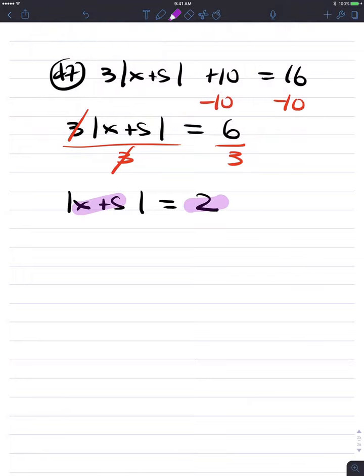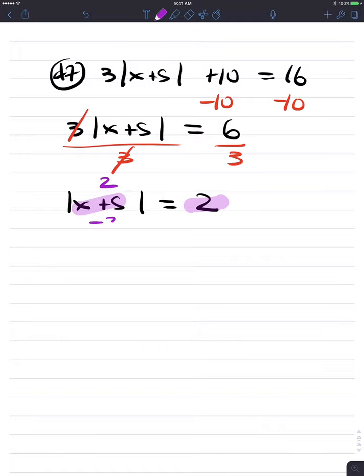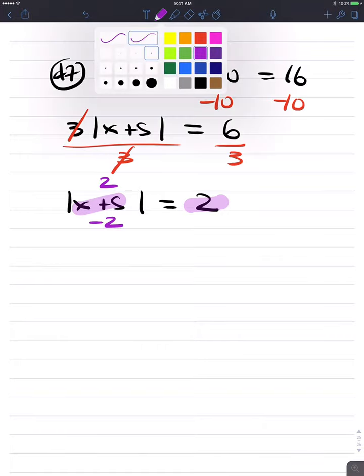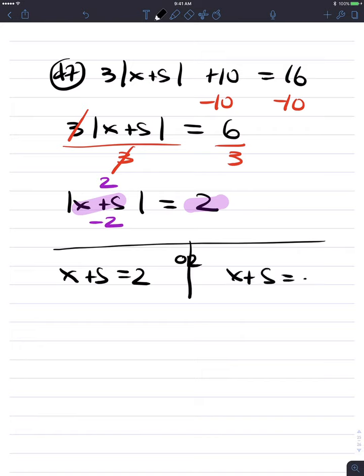x plus 5 in one case is positive 2, and x plus 5 in another case is negative 2. So here's what this looks like. x plus 5 is positive 2, or x plus 5 is negative 2.